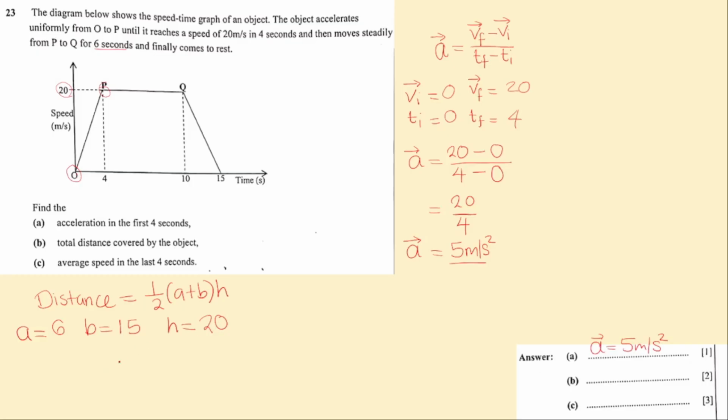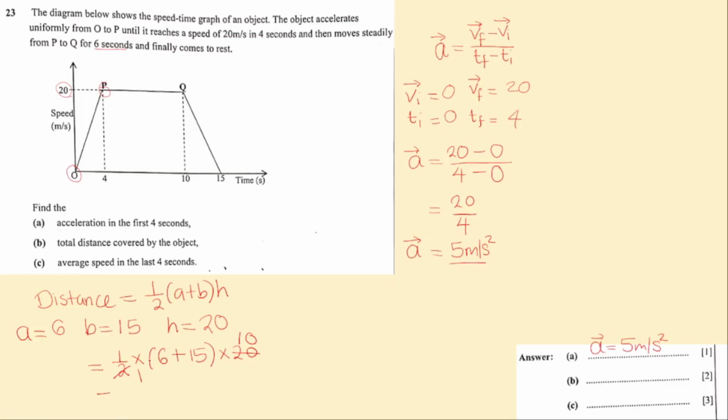I will substitute those values in my formula. Two divided by 2 is 1. 20 divided by 2 is 10.